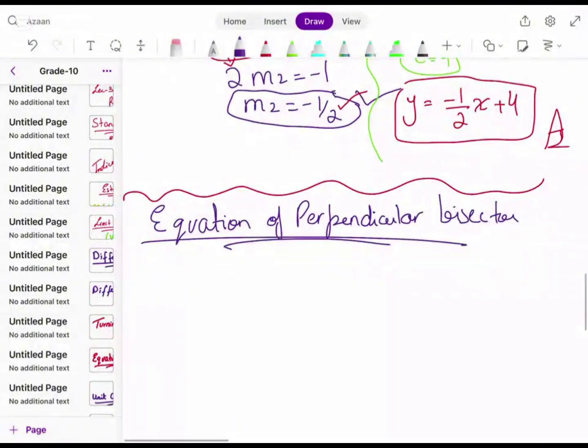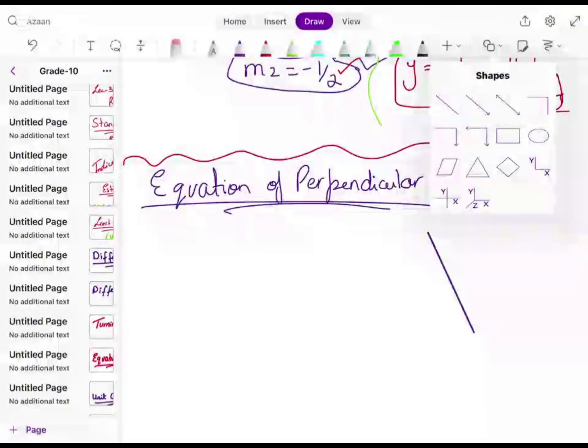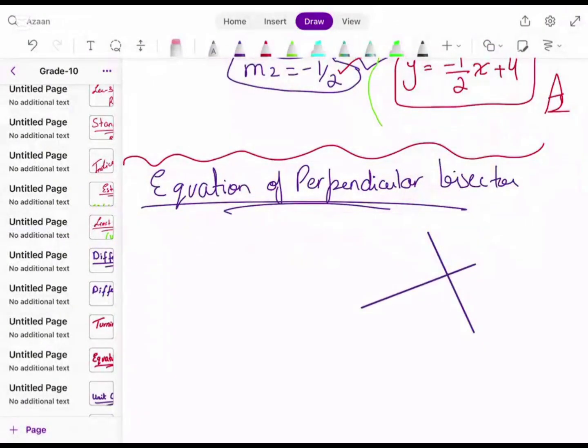Okay, so for example, I have a line here. It's intersecting like this. This is making 90 degrees. So this line is known as a bisector. This is the A point and this is the B point.